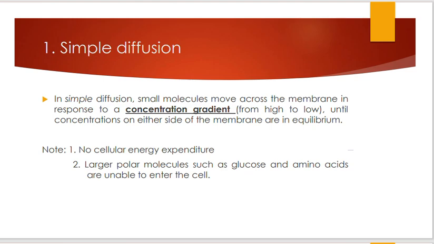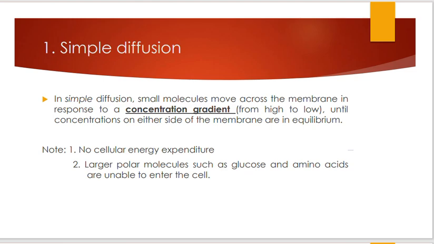So you only need to take note that there is no cellular energy expenditure, as well as during simple diffusion, larger molecules such as your glucose, which is a carbohydrate, and amino acids, which contain big nitrogen molecules, are unable to enter the cell.